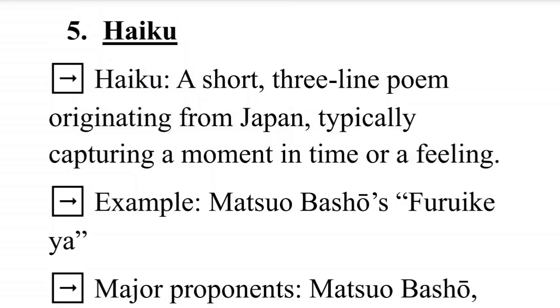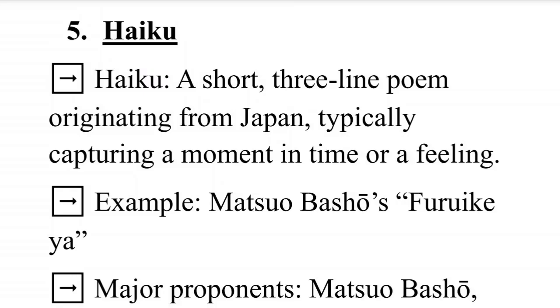You will get a question like this. Haiku is a dash line poem. And the options are 4 lines, 6 lines, 14 lines and 3 lines. So the answer is 3-line poem. And also you will get a question on the origination of this form of poetry.